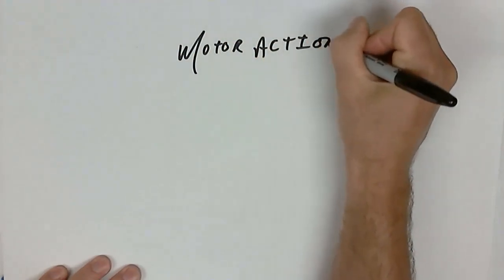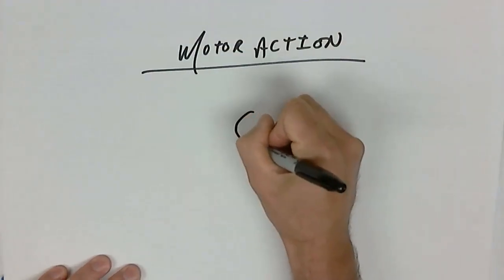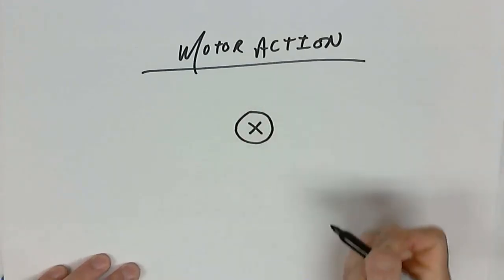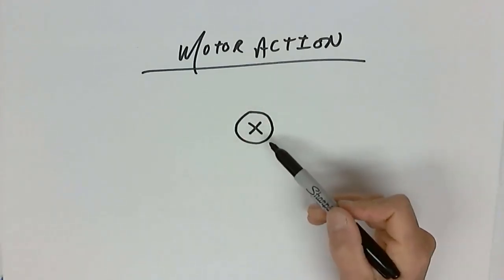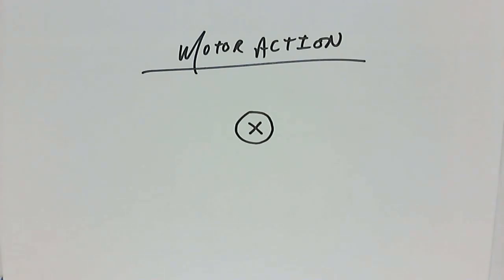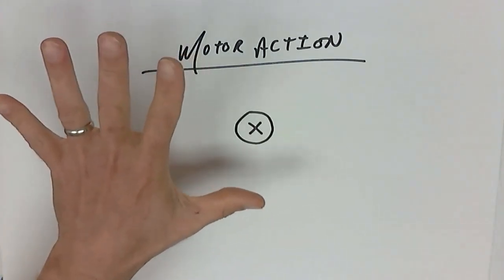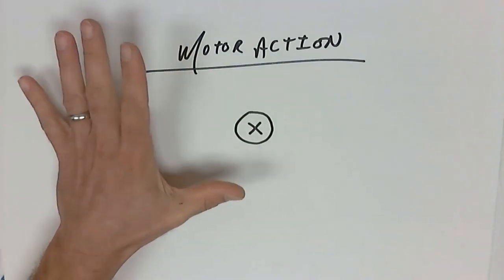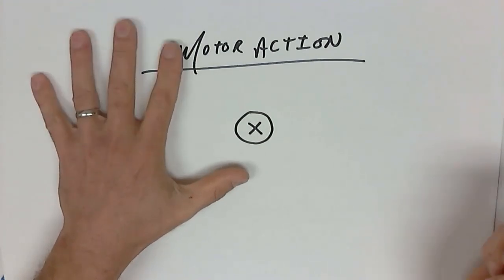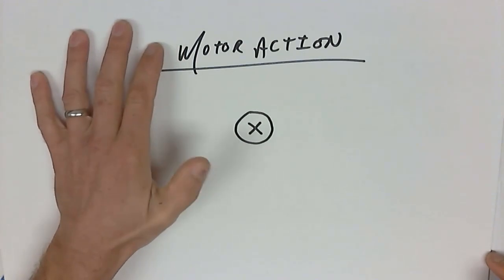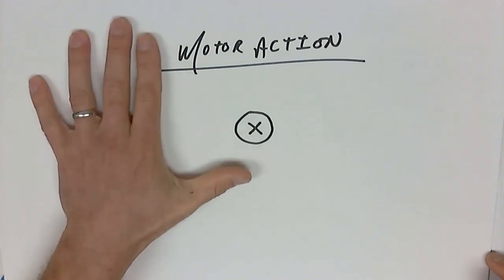And motor action, we know, is composed of a conductor that has an external source that's connected to it, which causes a current flow. If I wanted to determine the direction of the magnetic flux around this conductor, I would have to use my left hand. The thumb points in the direction of the current flow.